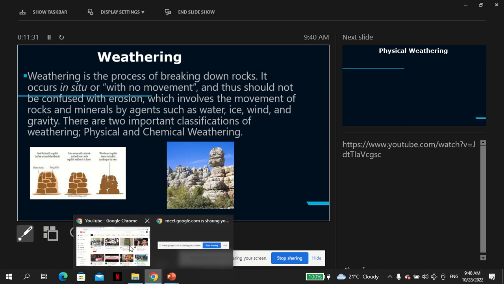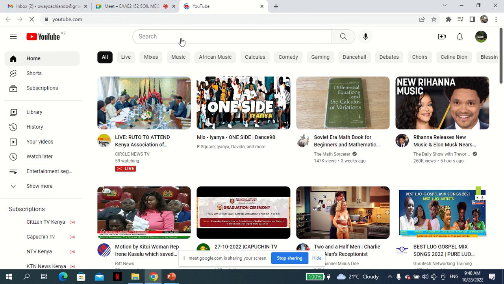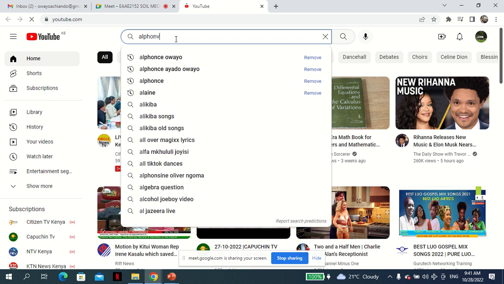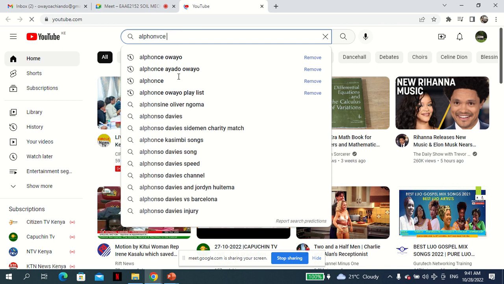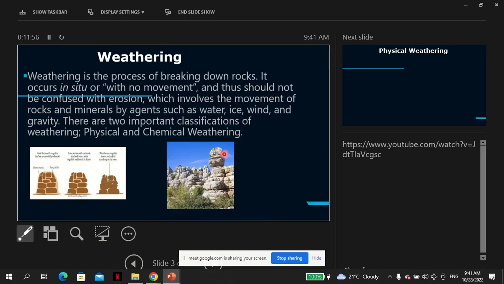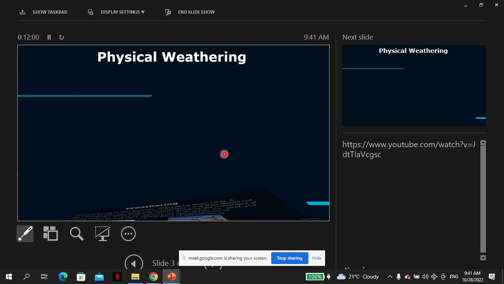Now if we talk about erosion, it involves transport. When we talk about weathering, we don't consider the transportation. I think that should be clear.